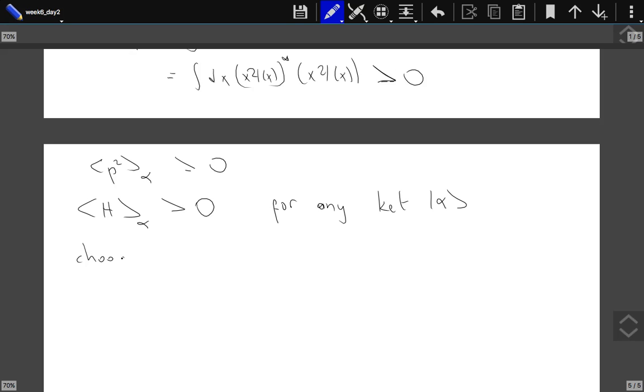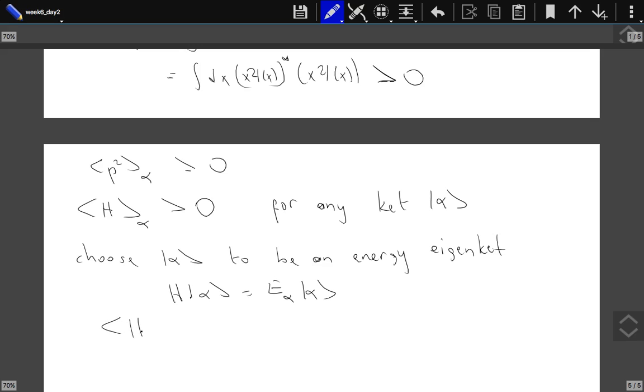Now let's just choose alpha to be an energy eigenket. So H acting on alpha is equal to E alpha. If this is the case, then the average of H in this ket is nothing but E, which should definitely be larger than 0.